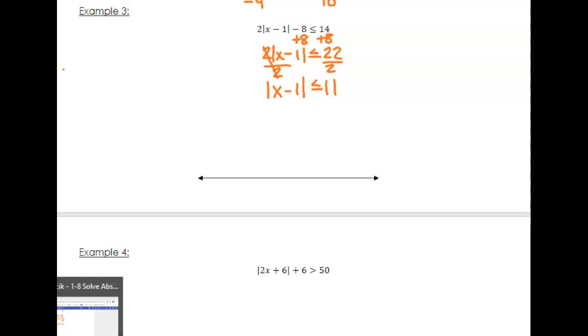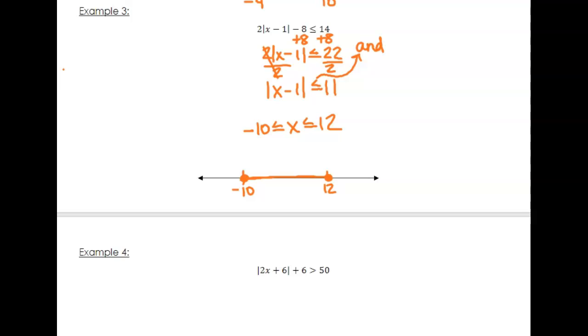We also have to divide by 2. The symbol is the less than or equal to symbol, so we're using AND. Pause the video and continue. Go ahead and check your answer with my answer. The x values should lie between -10 and 12, and both -10 and 12 should have closed points.